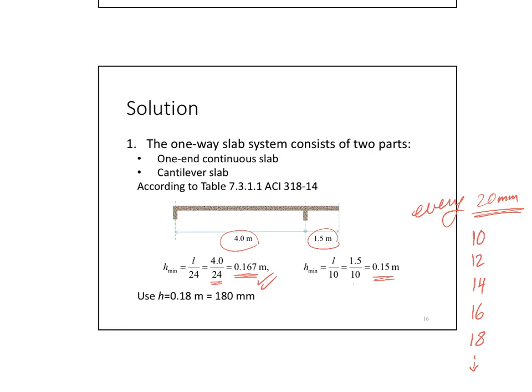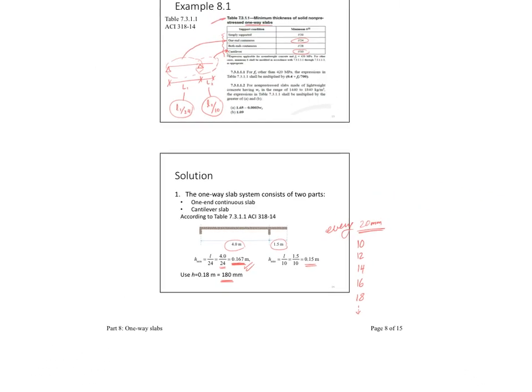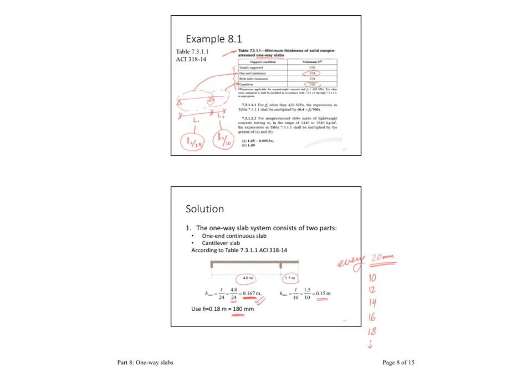Practically speaking, this is how they do it. Sometimes they have 15 centimeter slabs. That's possible as well. But if you're given the chance, just go with the 2 centimeter folds. So that means I have 16.7 centimeters. I choose an 18 centimeter slab, 180 millimeters. Now it's easy to calculate my dead load.